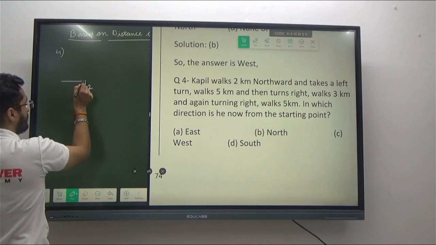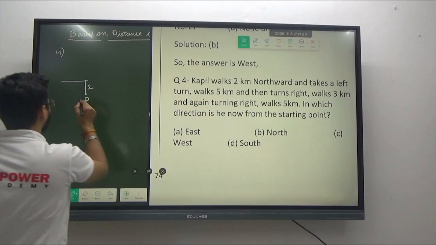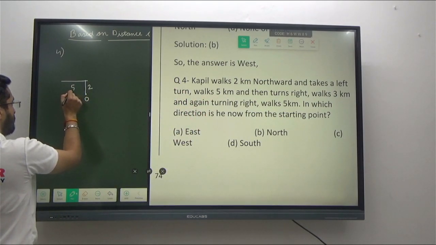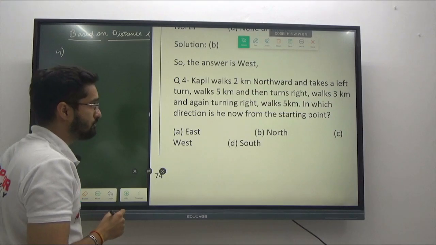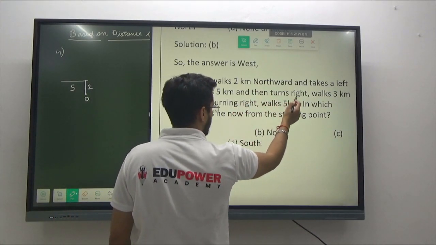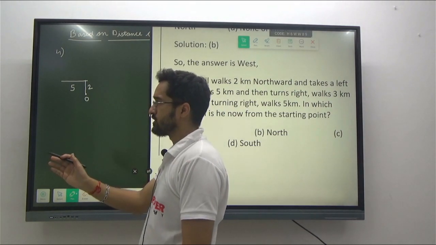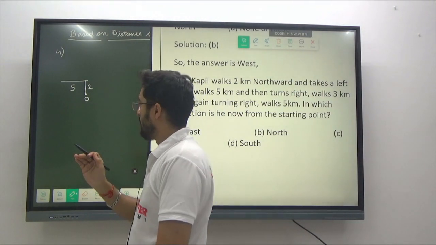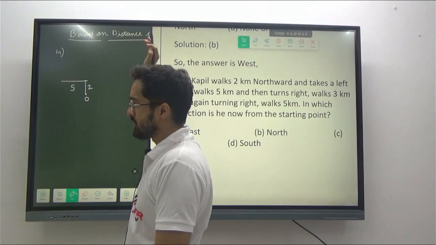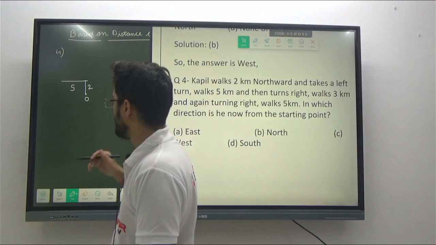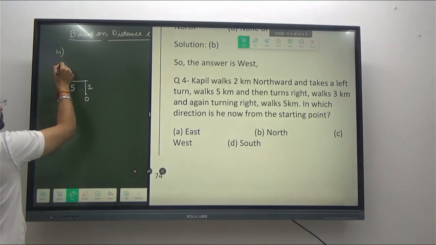After turning to his left, he will walk 5 km and then turns right, walks 3 km. Now, he is going this way. Now, he turns right. Which direction will he go? He will go towards the north direction.